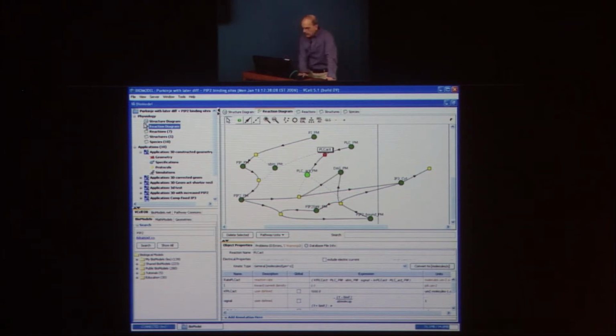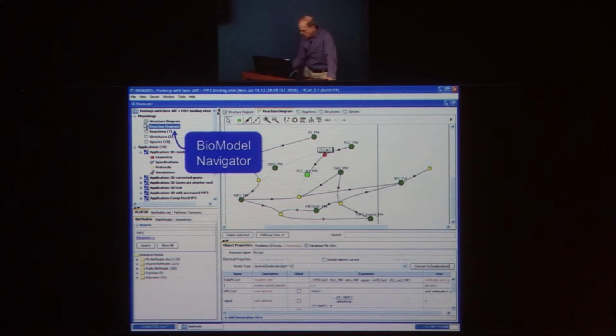And the main reason that I'm showing you this is just to give you some feeling for the structure of the software.